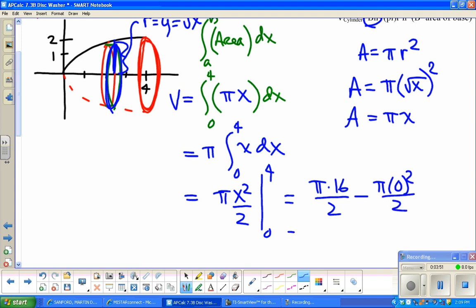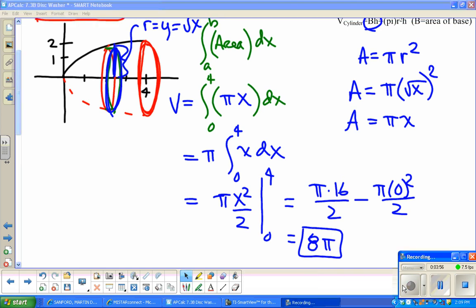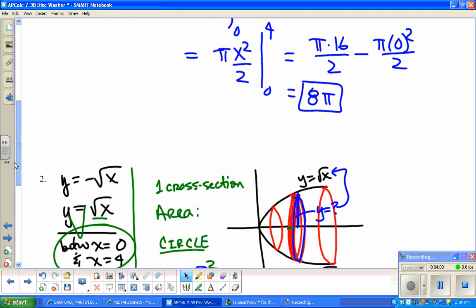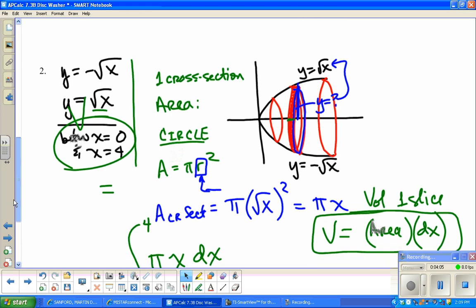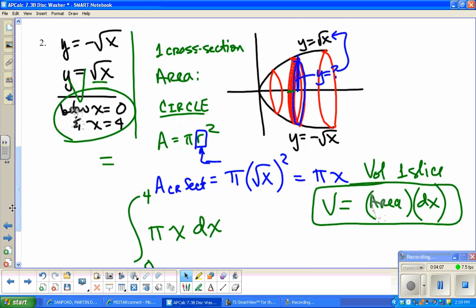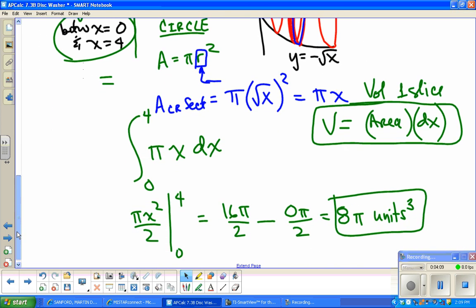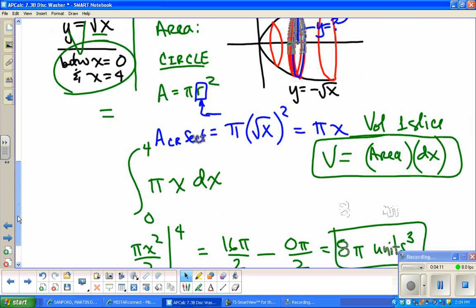This is just 8 pi minus 0, so 8 pi. It's worth noting that in the last video, we did this same problem. The verbiage felt a little different, but the process was pretty similar.